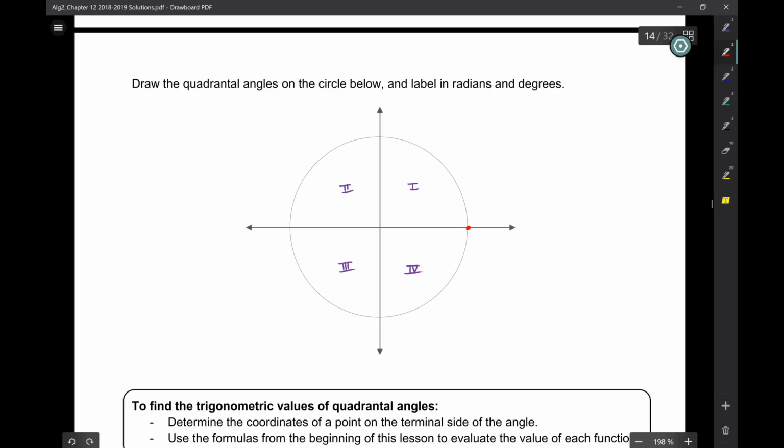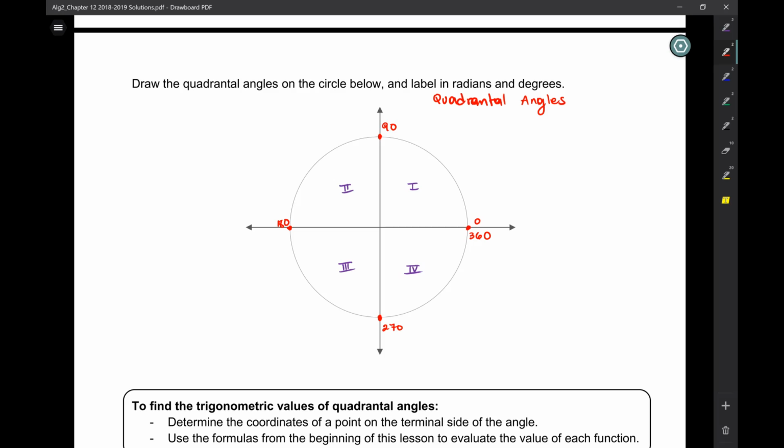The angles here on the x and y axes are called quadrantal angles. Okay? So let's put those in degrees. So this is 0, 90, 180, 270, and 360.